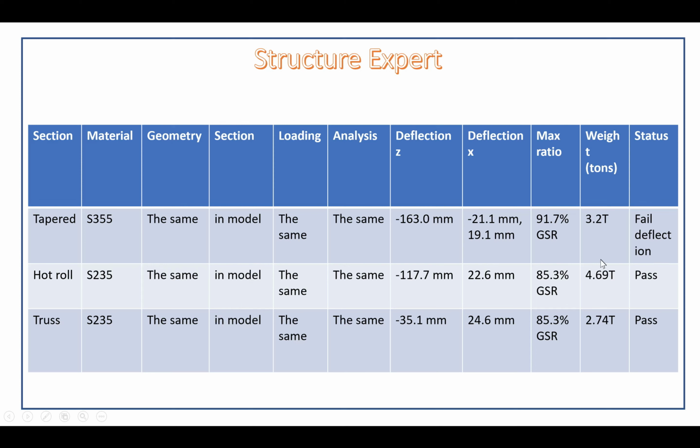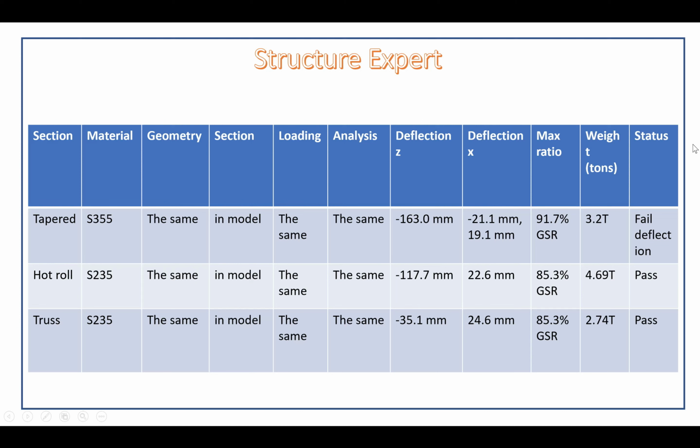You should remember that failure in design is not only about strength. For the strength it passes, but for the deflection it does not pass. It is a very common mistake that when you design you have to check both strength and serviceability, to make sure your structure is safe for both strength and deflection.